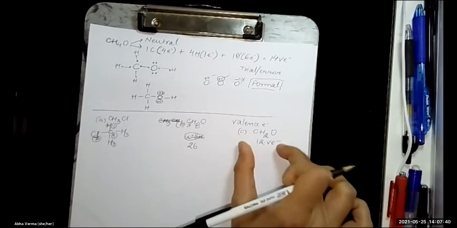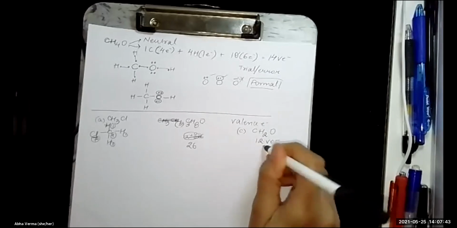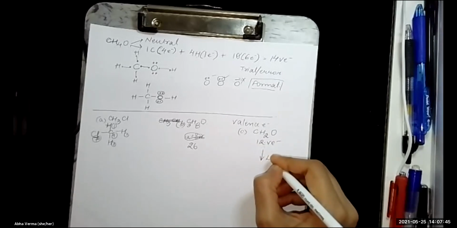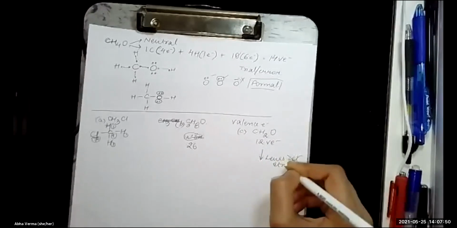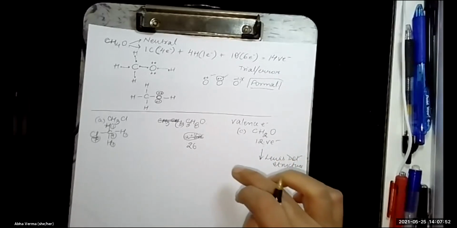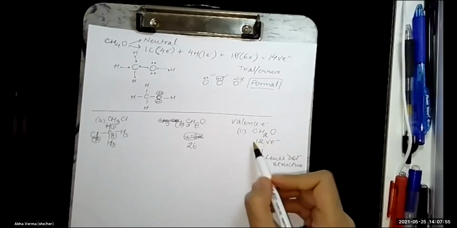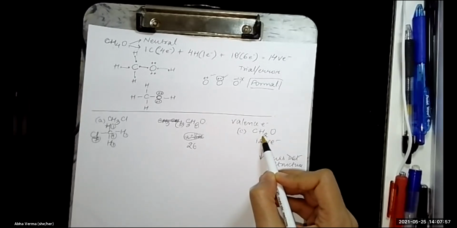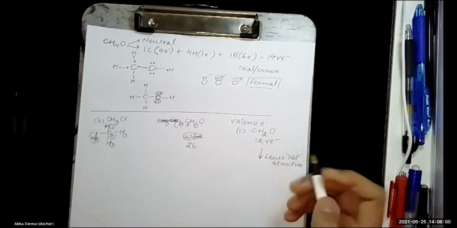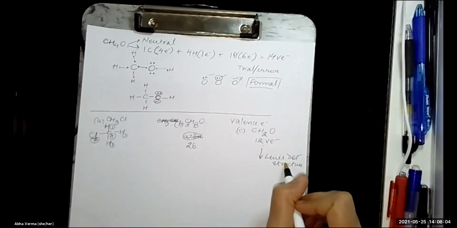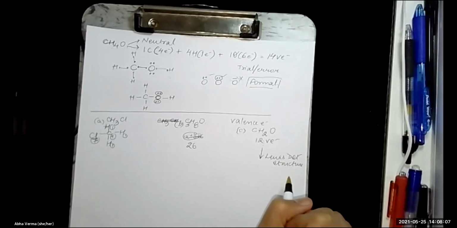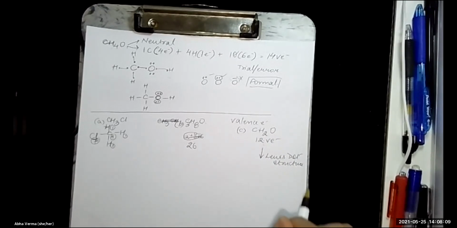So I didn't want you to spend time on calculating this, but I want all of you to try and do a Lewis dot structure for this particular compound, CH2 with the oxygen. Yes, very good. But I want you to make the Lewis dot structure for this. I will call out your name and you will have to show me your paper.